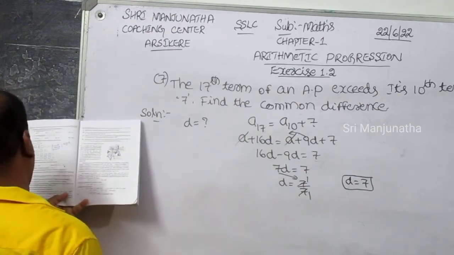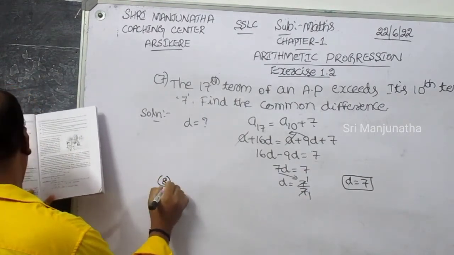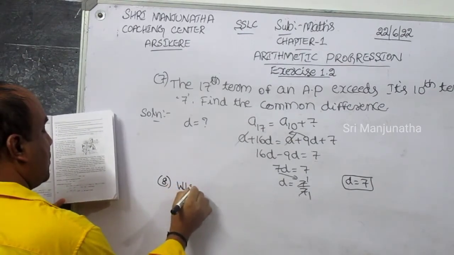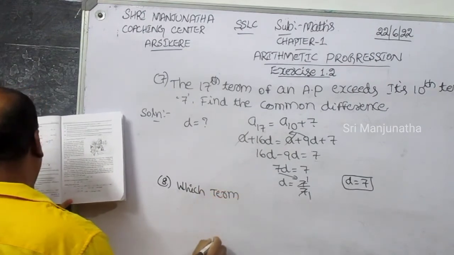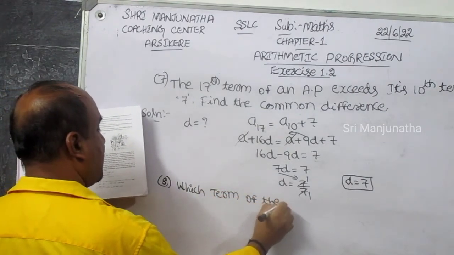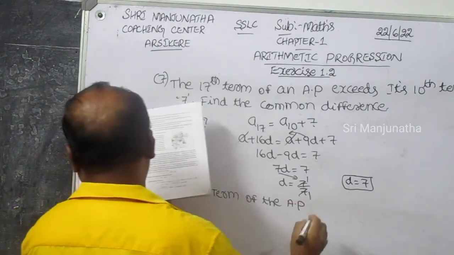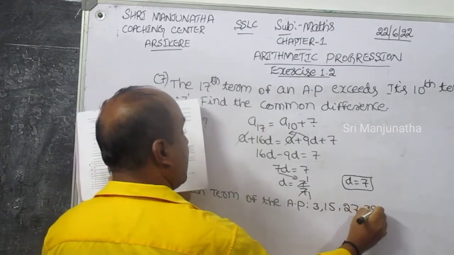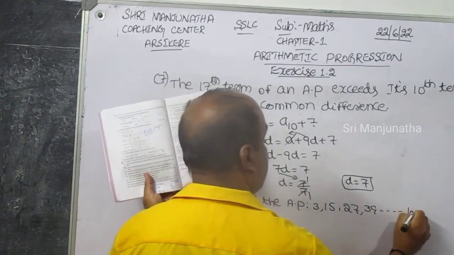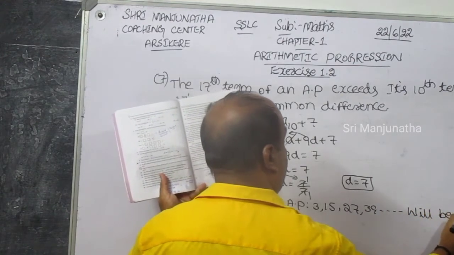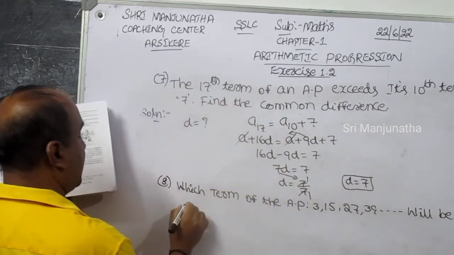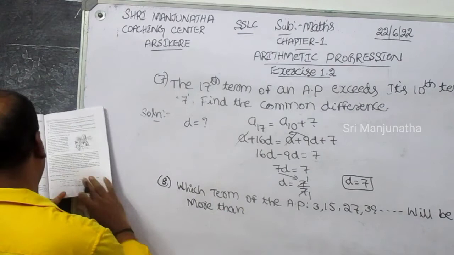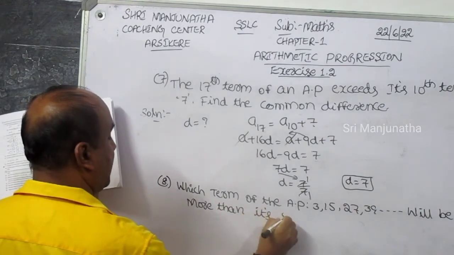Next, the eighth one. Eighth problem: which term of the AP 3, 15, 27, 39 will be 132 more than its 54th term?